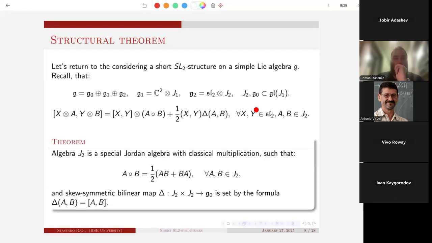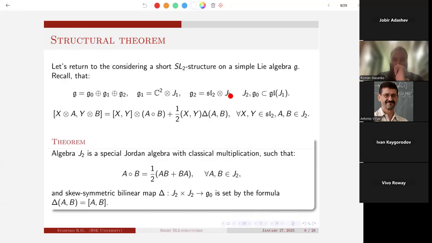So what about structures? The first goal is to define, in our case, if we commute different elements of the algebra G, we can obtain the algebra G2.